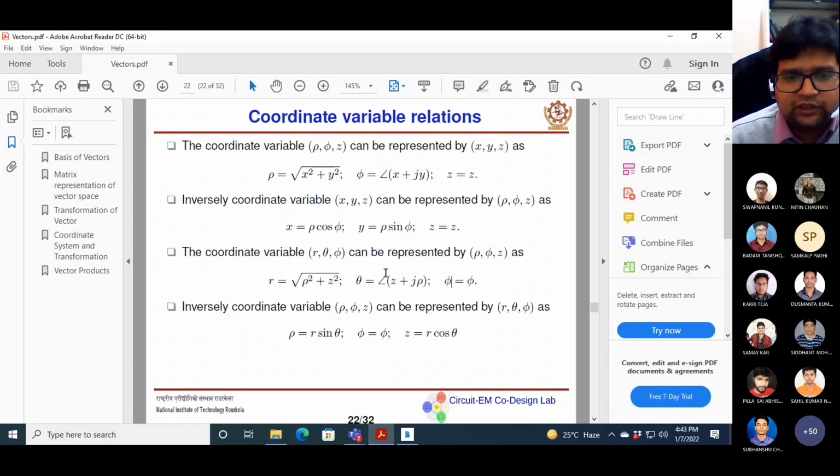So phi is not changing. The meaning of phi in the spherical coordinate and in the cylindrical coordinate is the same. They are not different.